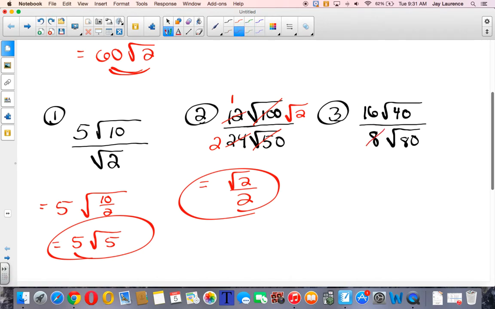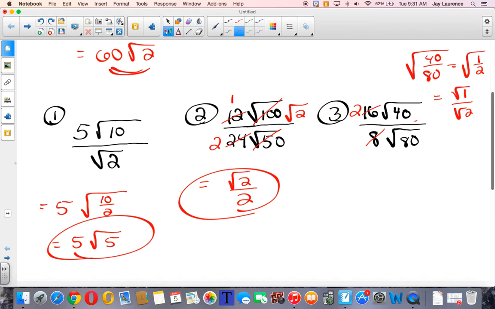All right, 8's going to go into 16 twice. Okay, I'm going to have rad of 40 over 80, which will be the rad of 1/2, which is the same as the rad of 1 over the rad of 2. Just doing it the long way because I feel like I've made a mistake.